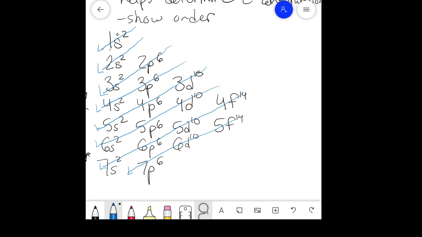You're going to start here, go down, and go here. Then you're going to do this one, and go down. You're going to start here. You're going to go 2p, 3p, and y'all get the picture. So that is how the rule of diagonals works.